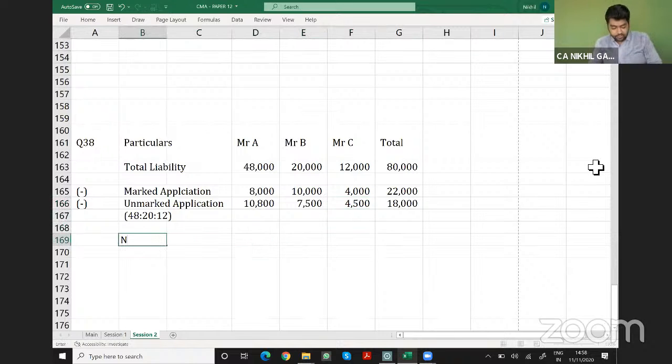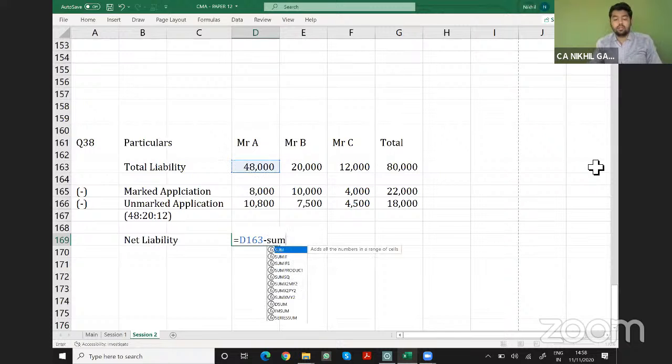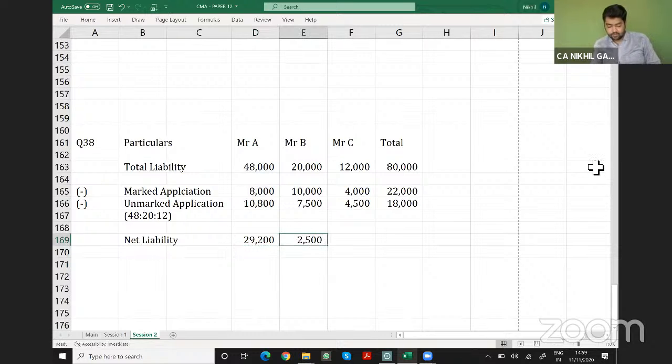So the net liability is 48,000 subtracted by the marked and unmarked applications. Out of the above applications, the total should be 40,000.